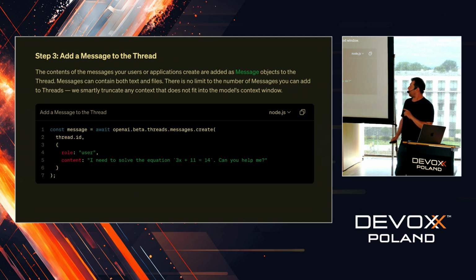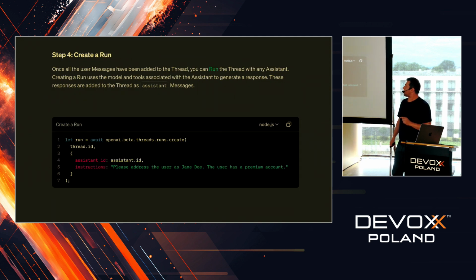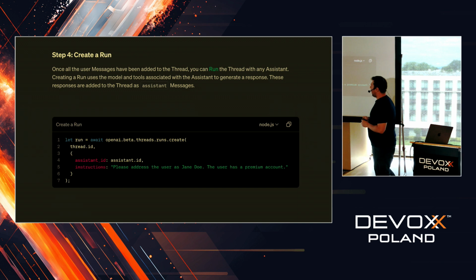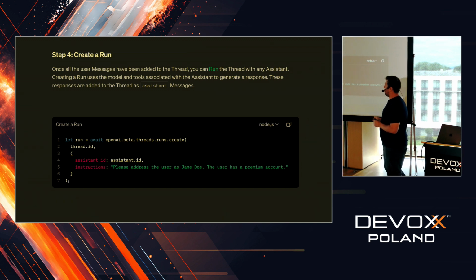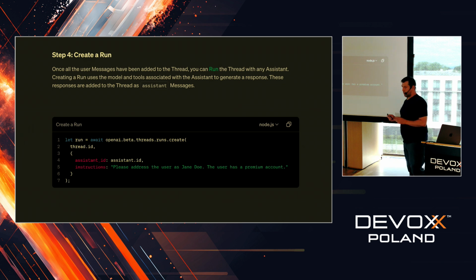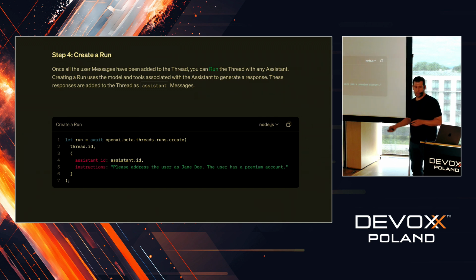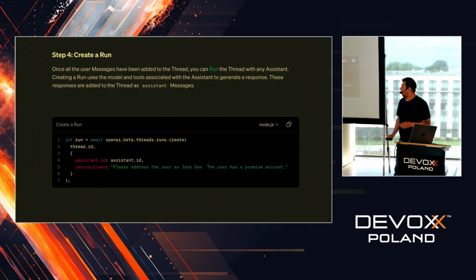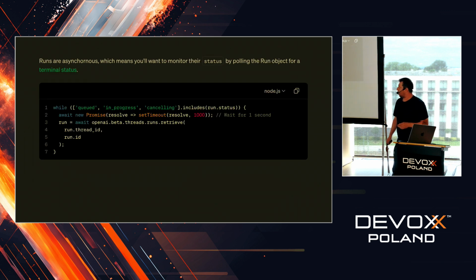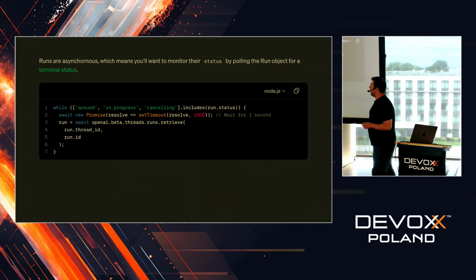And the 4th step is quite interesting because we need to run this thread on OpenAI infrastructure. So we'd like to create a run with our thread. Our thread contains messages. We need to specify our assistant and optionally some instructions. And what we can do after that, let's take a look.